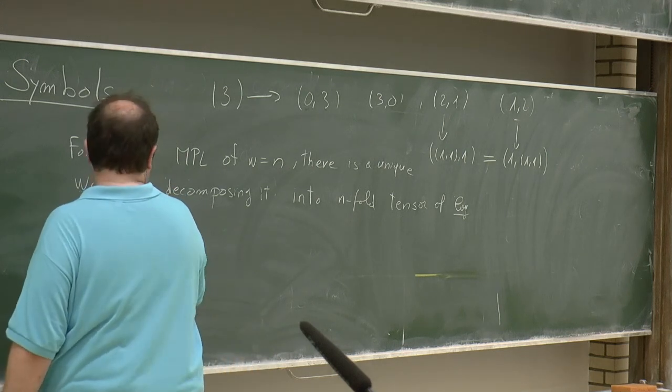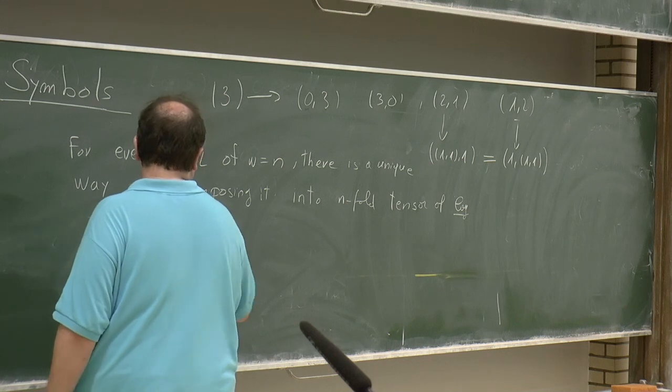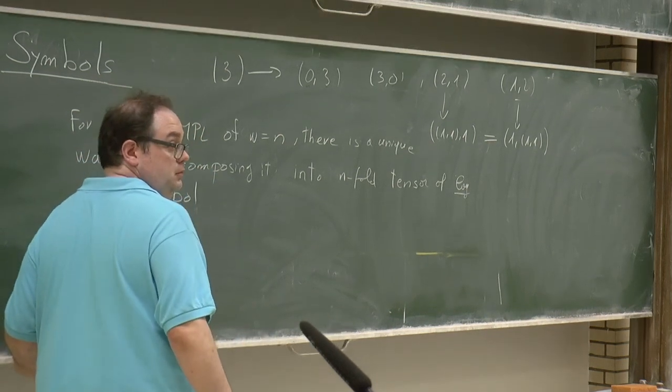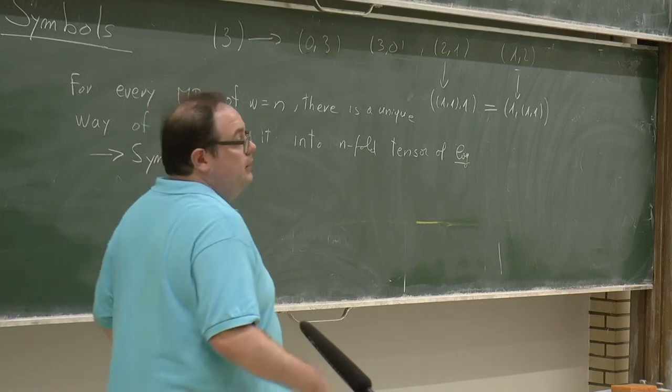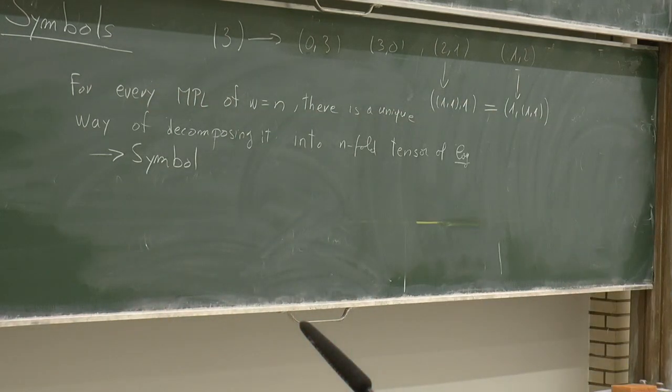That object is called the symbol. It's like the crudest approximation to your function you can make: you break it apart into lots of logarithms.